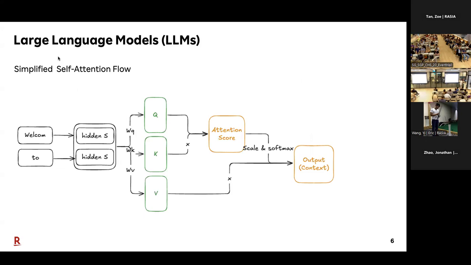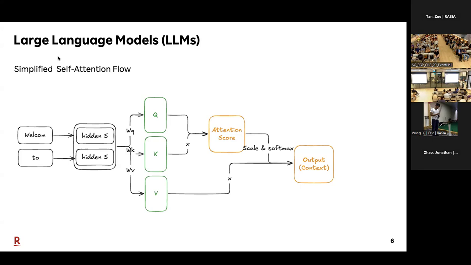Okay, so this is a pretty simple flow, ignoring some calculation details, but let's just focus on the two words, "welcome to." You can imagine the two words get tokenized and go through an embedding layer and become some hidden states. These hidden states are just like representations in higher latent space, which contain the information of those tokens, or of those words or parts of words.